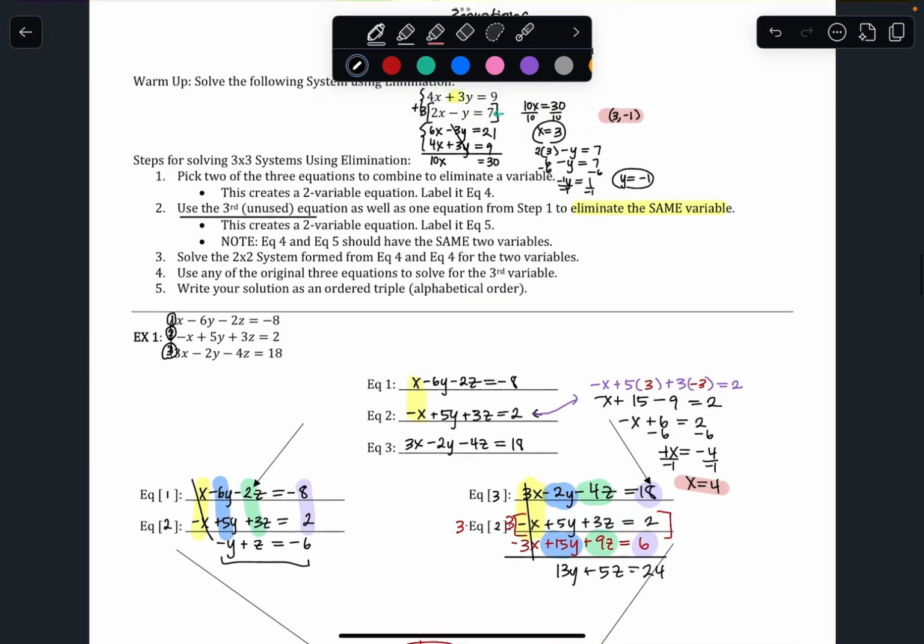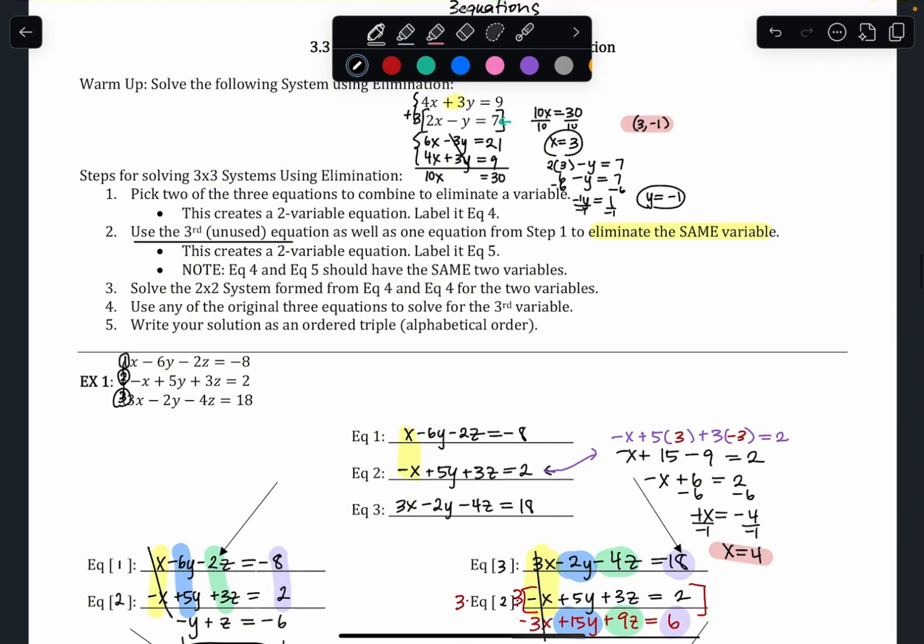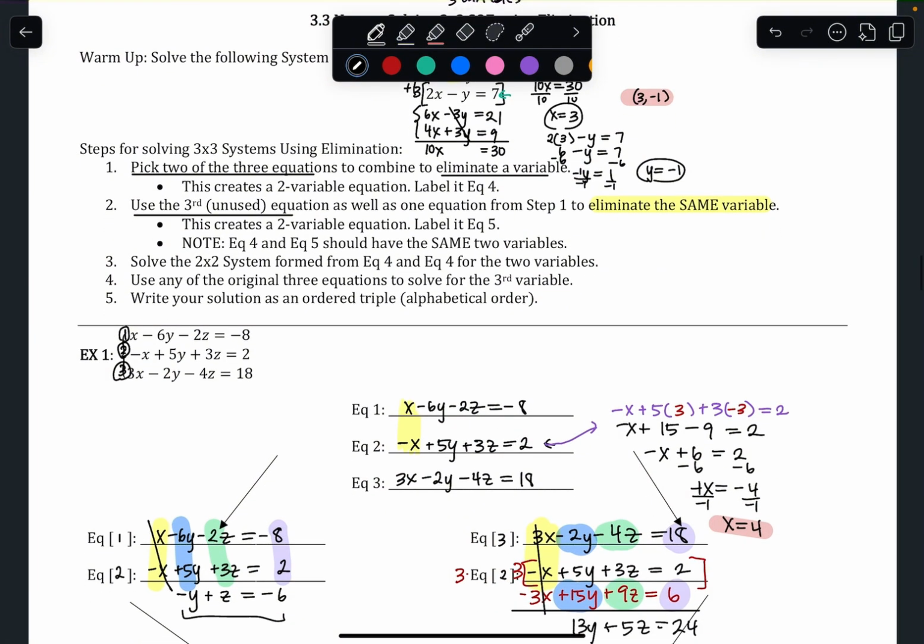Okay, and so a summary of the steps is you pick two of the three equations and you're going to eliminate a variable, whichever one's easiest. Once you eliminate the variable, you're going to have a two-variable equation, and that's going to be your equation 4. You're going to use the third equation that you haven't used yet, as well as one equation from step 1 to eliminate the same variable.